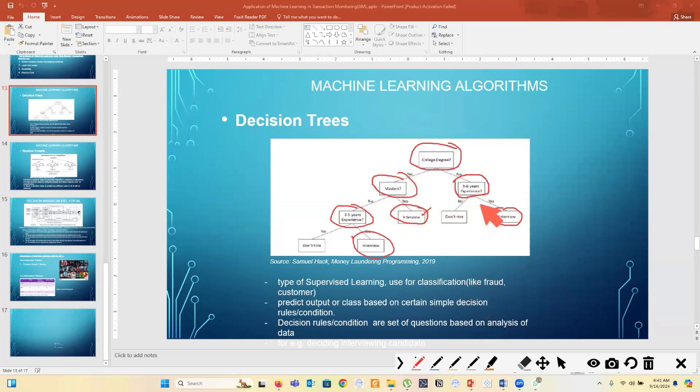So these are the questions that this algorithm will ask to bring out the result. Only those candidates will be selected for the interview if they have 5 or 6 years of experience, if they have a master degree, or if they only have a bachelor degree, they should have 3 or 5 years of experience, right?